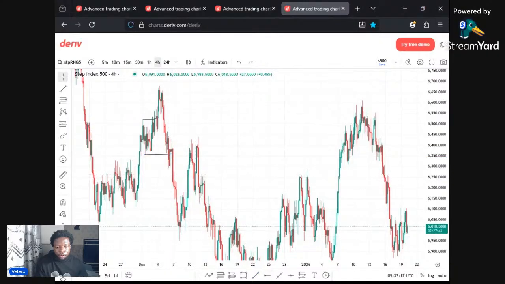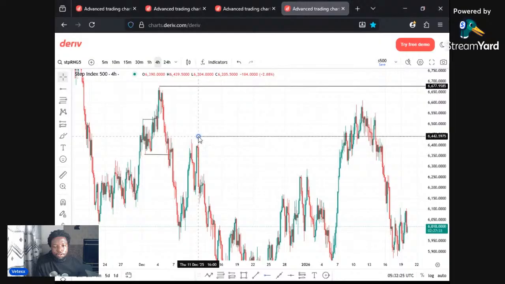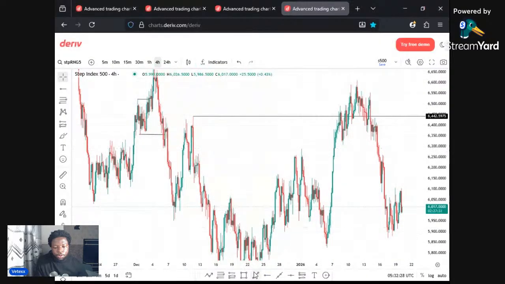On the first break of structure, we have our protected high, which is this. Okay, and then we have price retrace 50% to give us our structural liquidity, which is this. And also we have our second break of structure, which is this.